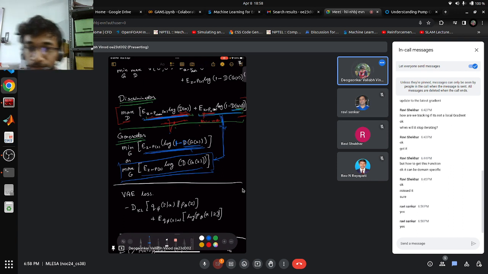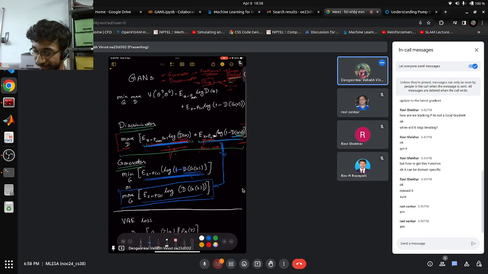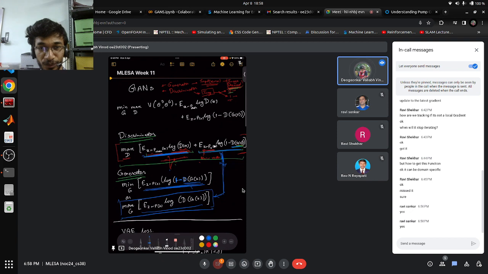Okay. Yeah, in fact, that is all we can look at from the loss function point of view. So now I think we will go to the code and draw a parallel with the loss functions that we saw here.